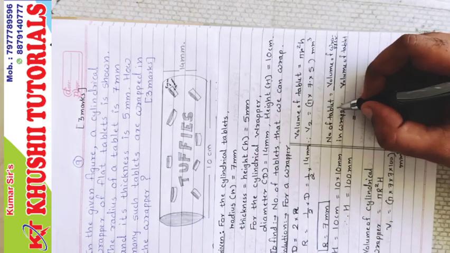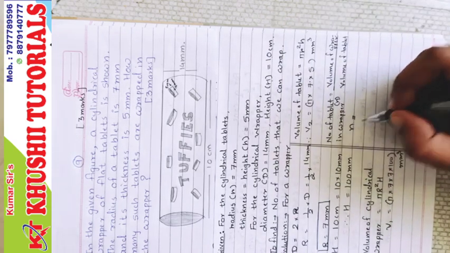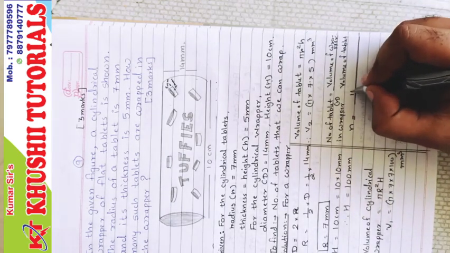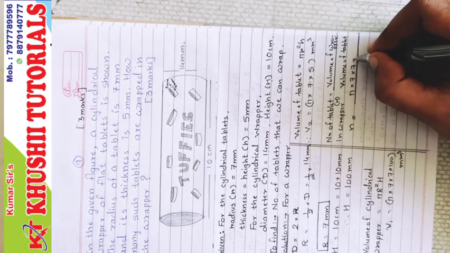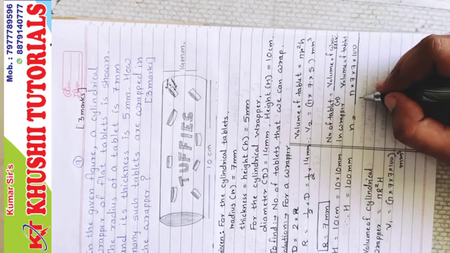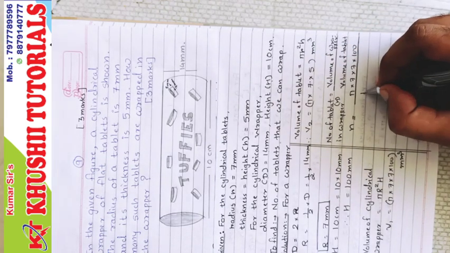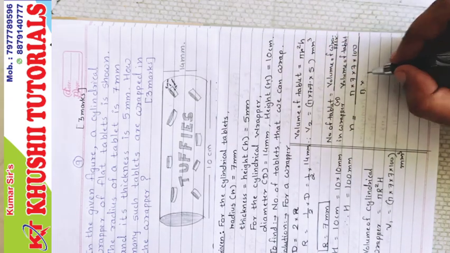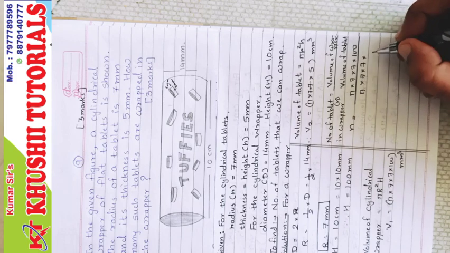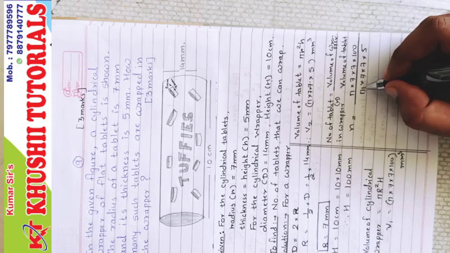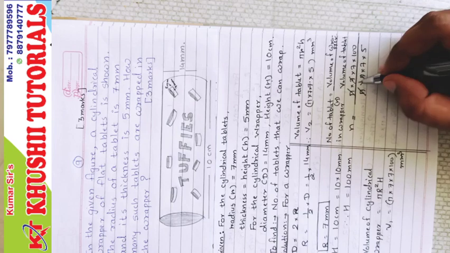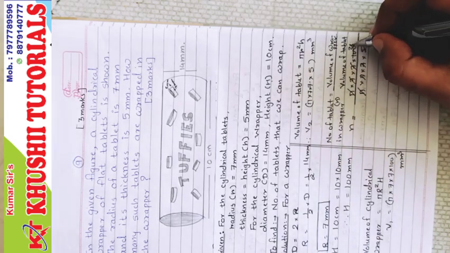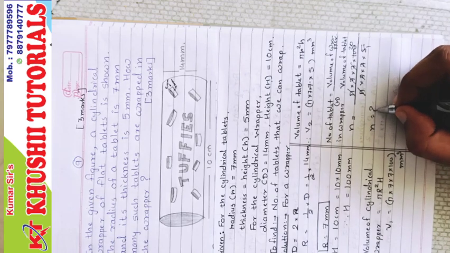Therefore we'll assume number of tablet as n. So n equal to volume of wrapper is pi into 7 into 7 into 100, and volume of tablet is pi into, now it's r square, so 7 into 7 into 5. Pi will get cancelled, 7 will get cancelled, again 7 will get cancelled, 5 1s are 5, 20s are, so n equal to 20.